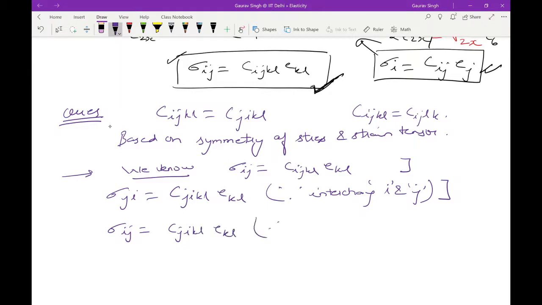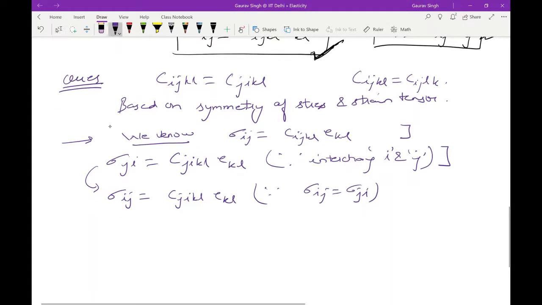Now, the next step is to write from this one such that sigma ij is symmetric. Because stress is symmetric, sigma ij is the same as sigma ji. So coming from here to here, I have just written this expression. Cjikl remains the same.